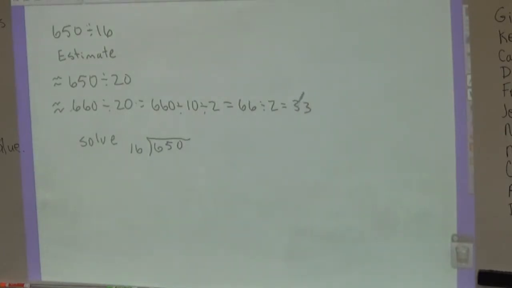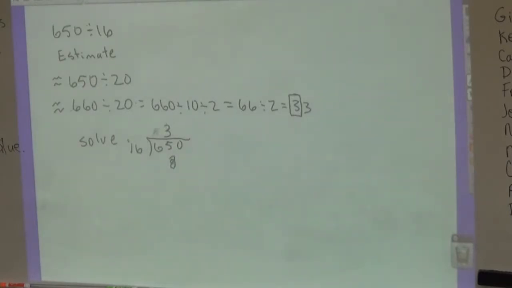So the first quotient number we're going to use is the number in the tens place of our estimate. That will go above the tens place in our division problem. So the quotient number 3 is in the tens place. Now we multiply the divisor by that to find out what our next remainder is. 3 times 6 is 18.